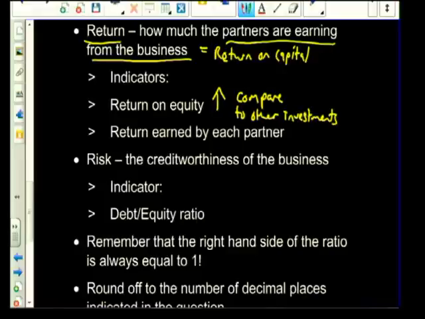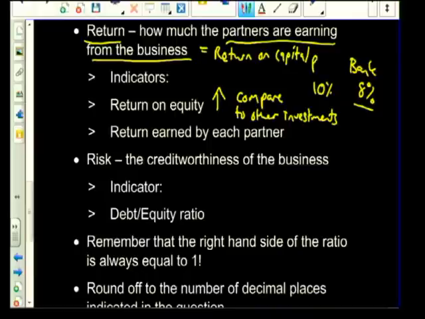So if I'm deciding what to do with my money, I can decide to put the money in the bank. And let's say I could put it on a fixed deposit, and a fixed deposit pays me 8% interest. That's what I could get from putting my money in the bank. If I then calculate the return on equity in the partnership, that tells me how much I'm earning if instead of investing the money in the bank, I've invested it in the partnership.